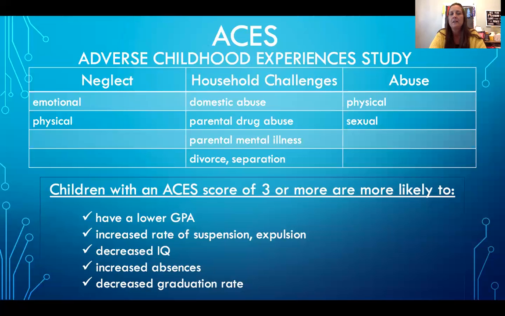So as far as children go, children with an ACEs score of 3 or more are more likely to have a lower IQ, a lower GPA, an increased rate of suspension and expulsion, increased absence, and a decreased graduation rate.